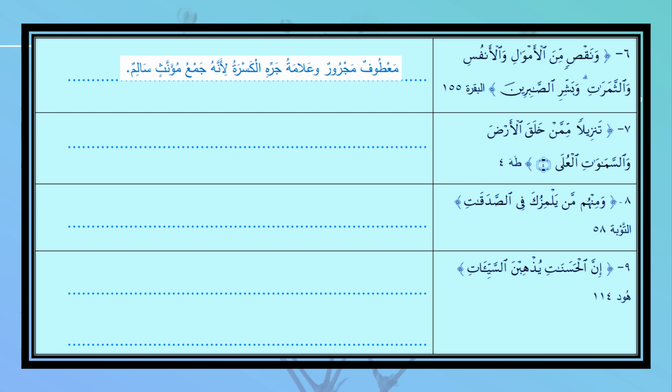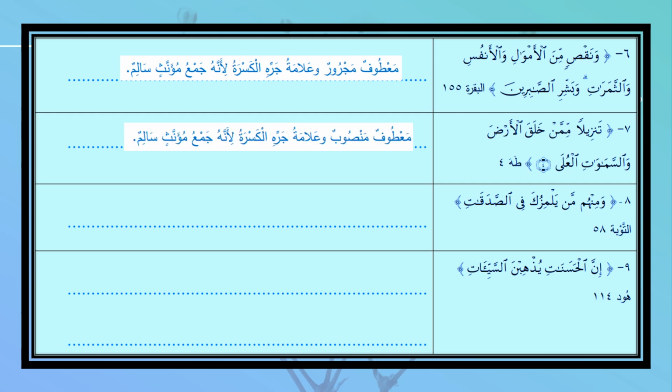So after the ard, which is in mansub case, comes the atf, and after the atf comes the samawat, Jama Muannas, and it's following the same Arab the ard is following. So samawat is in mansub case, it's Jama Muannas. Let's see. Matuf mansub, walamatu jarril kasra liannahu Jama Muannas salim.